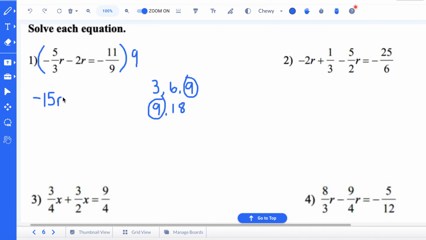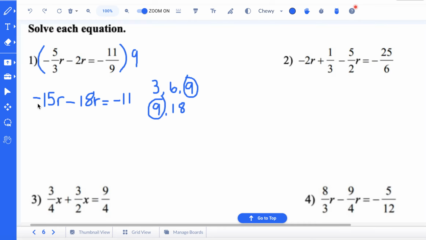So here we eliminated the fraction: 9 times 5 and then divided by 3. Minus 9 times 2 is just 18r equals, and we're going to do the same thing. Negative 11 times 9 is negative 99, and 99 divided by 9 is negative 11. So now my new equation is negative 15r minus 18r equals negative 11.